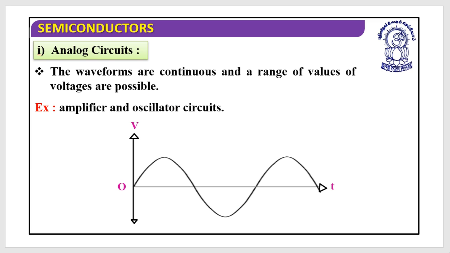In analog circuits, the waveforms are continuous and a range of values of voltages is possible. Let's suppose this is 0 volt, this is plus 5 volt, and this is minus 5 volt.